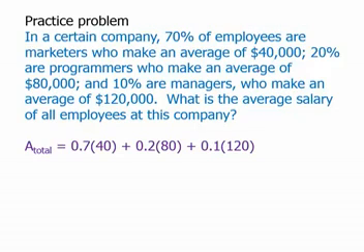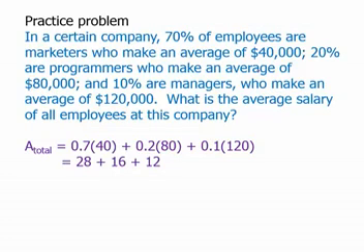So all we're going to do for the average, we're going to multiply by the proportion. So for the marketers, they're 0.7, multiply that by 40. The programmers, 0.2, multiply that by 80. And the managers, 0.1, multiply that by 120. Well, 0.7 times 40 is the same as 7 times 4, and 0.2 times 80 is the same as 2 times 8.